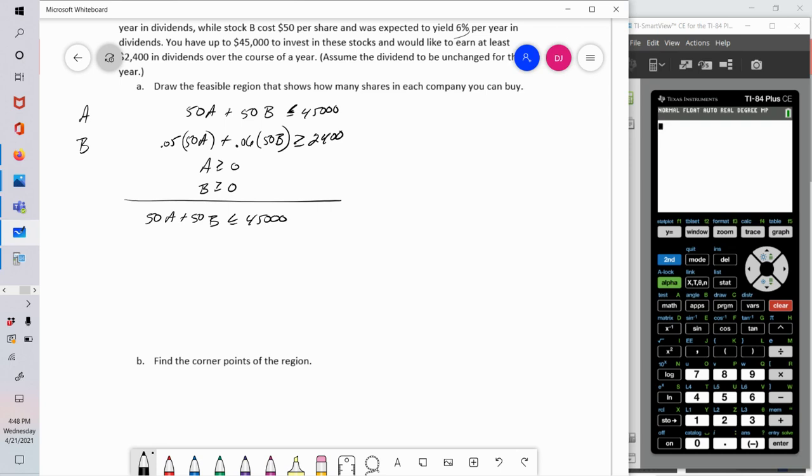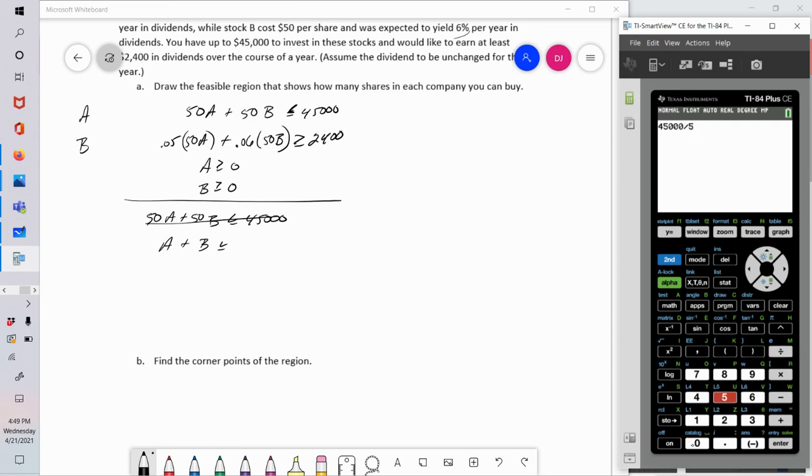You know what I can do here? Well, let's just leave it. Actually, no. Can't I divide everything by 50? If I divide everything by 50, isn't it true that A plus B is less than or equal to 45,000 divided by 50, which is 900?